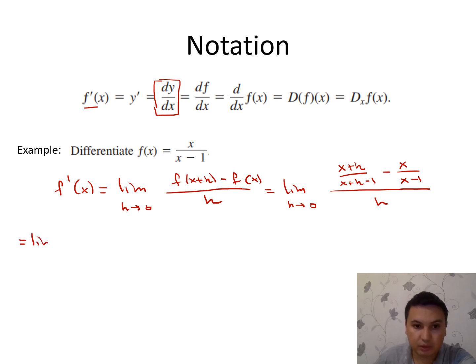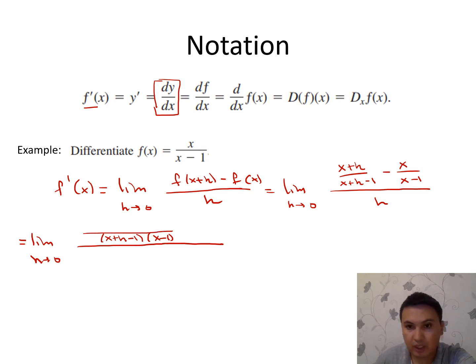So this is equal to the limit as h goes to 0. Okay, so at the top, what is the common denominator? Well, common denominator is x plus h minus 1 multiplied by x minus 1, right? And then at the top, x plus h multiplied by x minus 1, minus x multiplied by x plus h minus 1. So I'm doing this carefully so that you can see all the details.